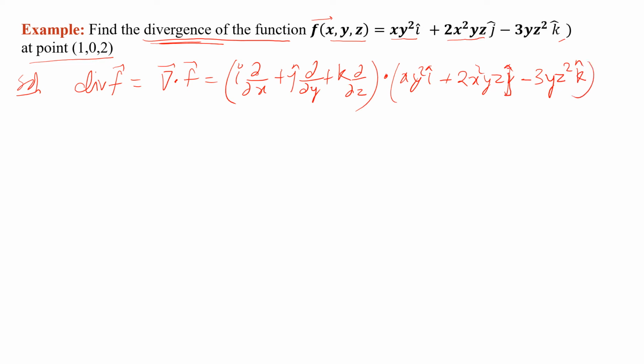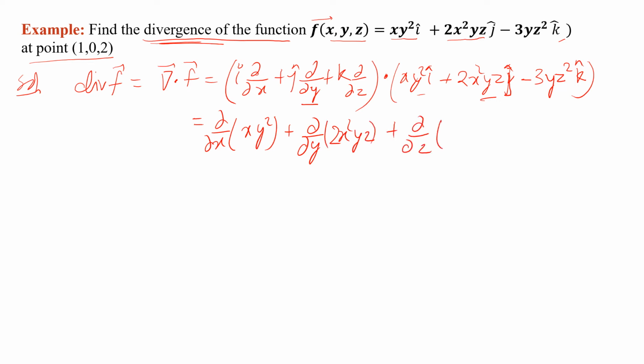Now we take the dot product, and as we know, i dot i is 1, so del upon del x of x y square, j dot j, that is del upon del y of 2 x square y z, and del upon del z of minus 3 y z square.